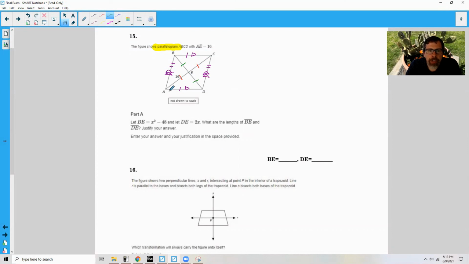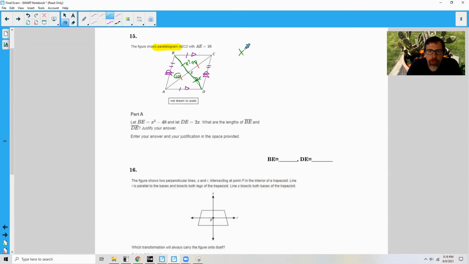All right, we're given AE is 16. Part A says let BE be x squared minus 48. So BE is right here, x squared minus 48. And DE is 2x. Well, since these are diagonals and they bisect each other, then each piece is equal.